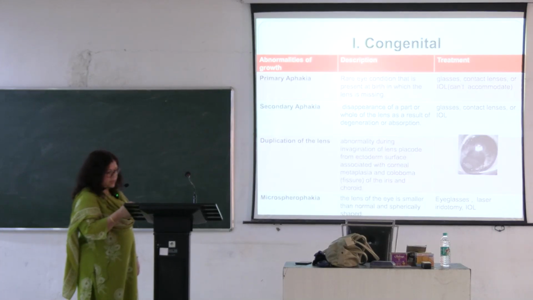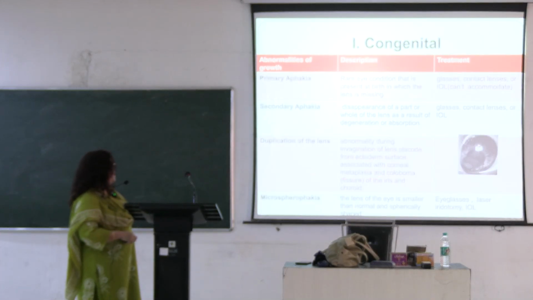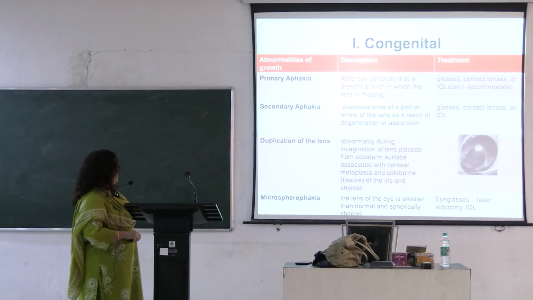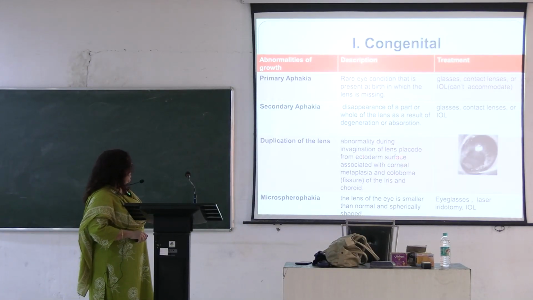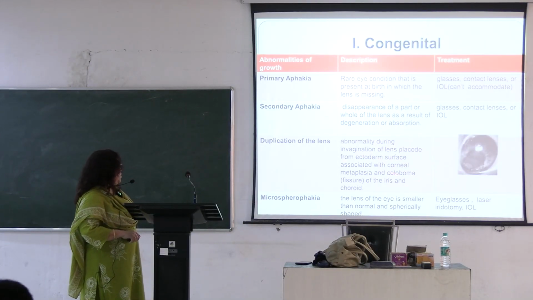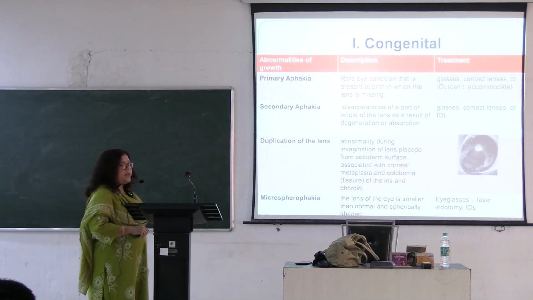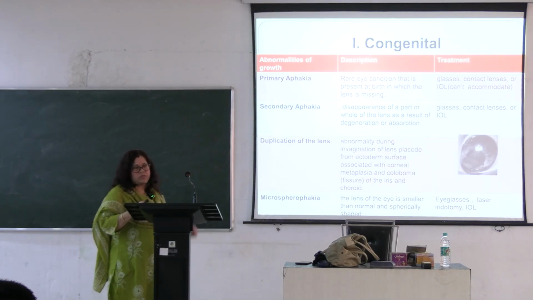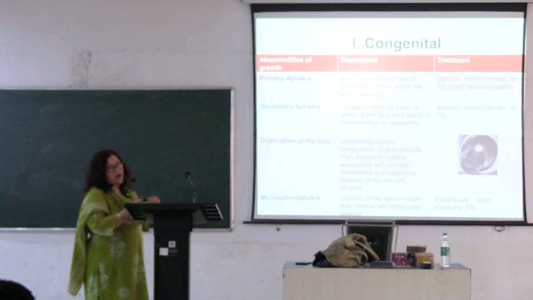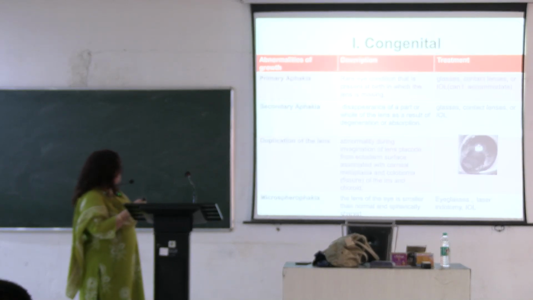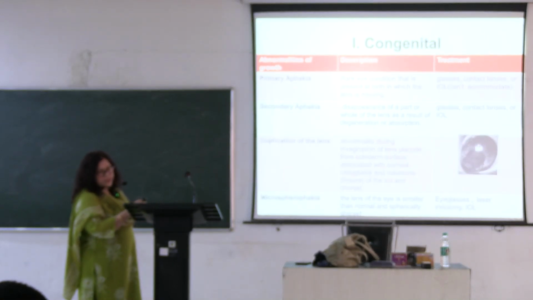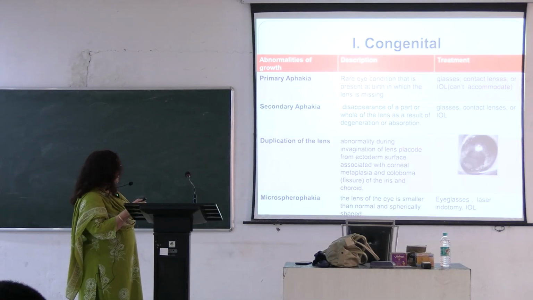Duplication of the lens means there is abnormality during the invagination of the lens, associated with coloboma of the iris and choroid. It is associated with a defect, where part of the material is absent.